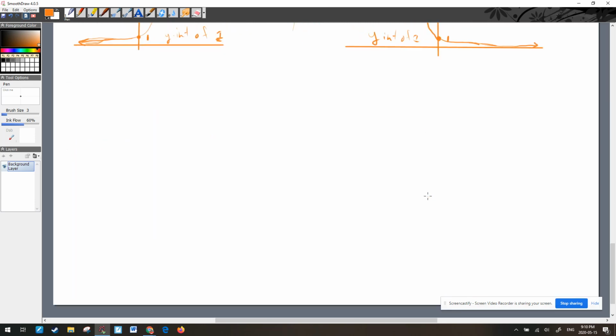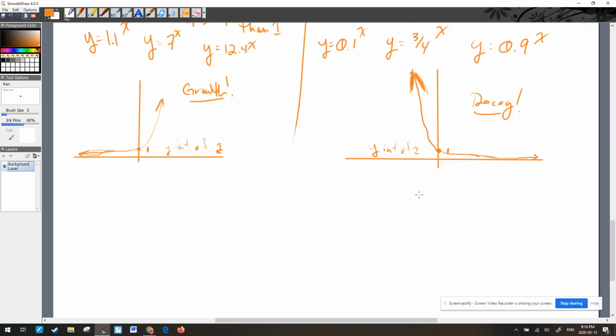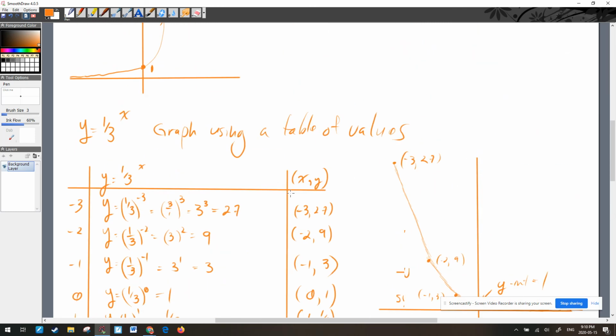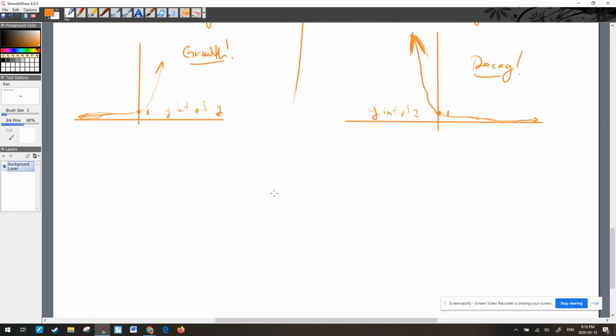So yeah, this is good. So for now, actually, I think I'm going to stop there. I'm going to get you to graph each of the following for your homework questions to practice on. So what I would like you to do is graph using a table of values. So the exact same process we just had here.